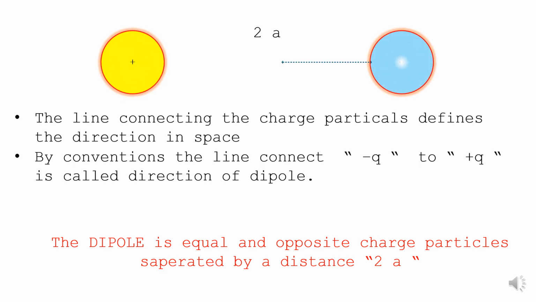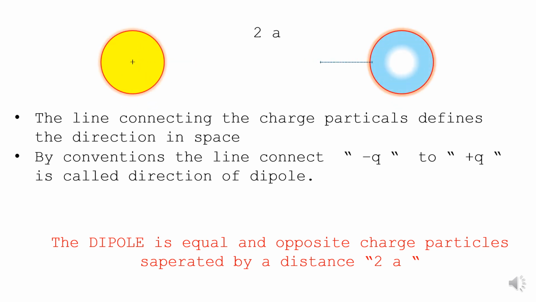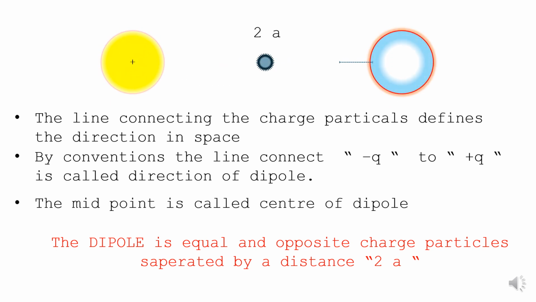By convention, if there is no defined line, then by convention the line is always from the negative charge to the positive charge, and this is called the direction of the dipole. You can see here there is a center in between the two charges, a blue color circle, and this is called the midpoint and the center of the dipole.